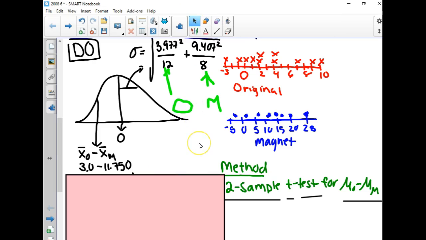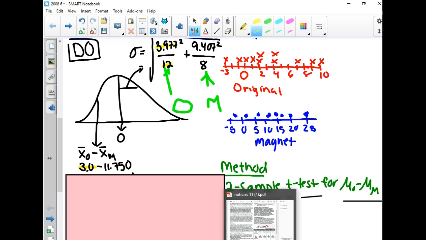The rest you can now plug into your calculator. Be one with your calculator. Go to your 2-sample t-test. Your X1 is going to be your original here. Your N1 is your 12, and then your standard deviation of 1 is 3.977. If you're not doing this with me, you need to become one with your calculator.